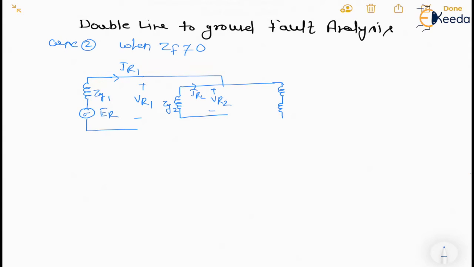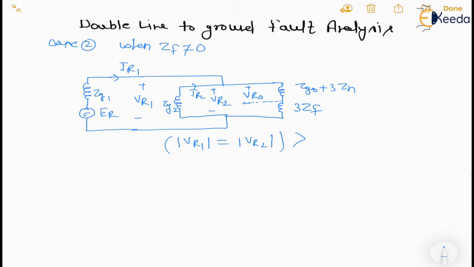Here it will be divided into two parts, that is this will be ZG0 plus 3ZN and this will be 3 of ZF. Always remember, this time the value of plus minus VR0 is here, means you can say the mod of VR1 is equal to mod of VR2 will be greater than mod of VR0. You can see from the diagram clearly.